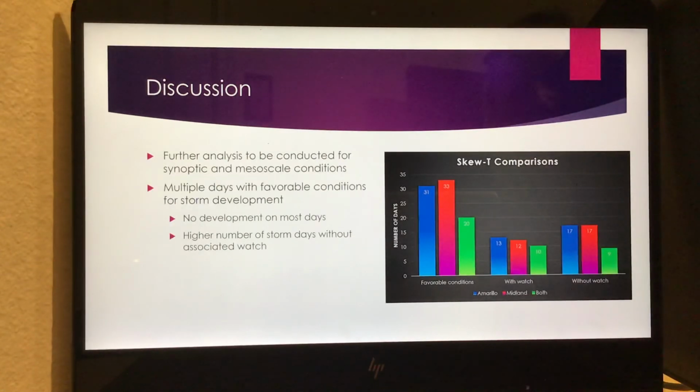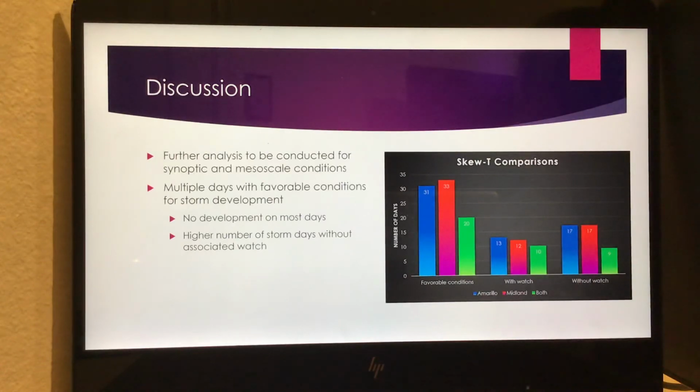All right, for the skew-T comparisons, I have the number of days listed on the left again. And then I have 3 groups here. I got favorable conditions for storms, and that's just based on the skew-Ts that I had collected. And I did this for Amarillo, Midland, and I have one combining both stations.